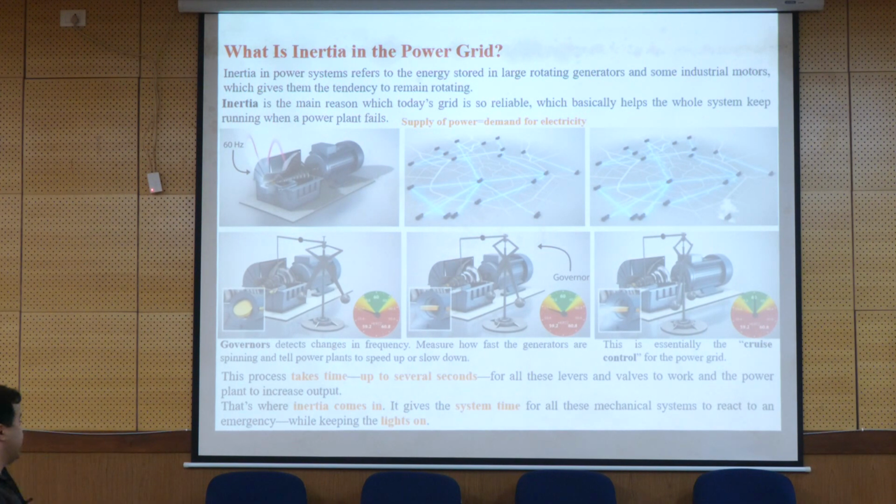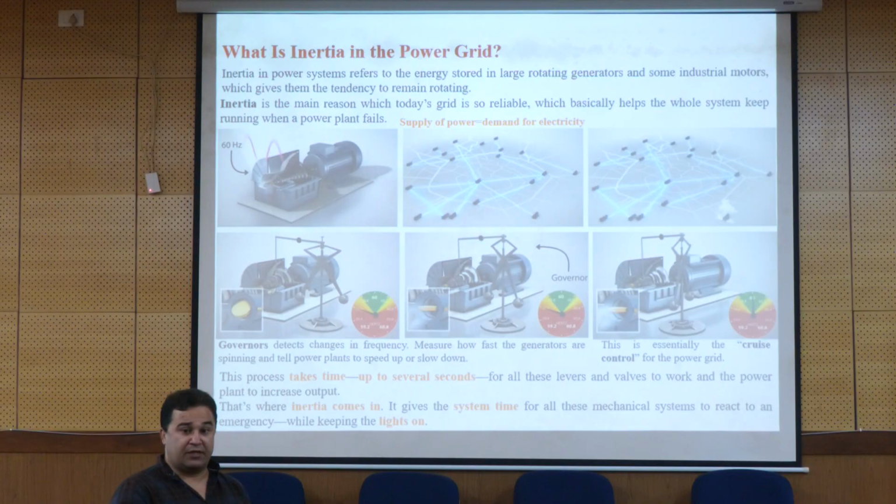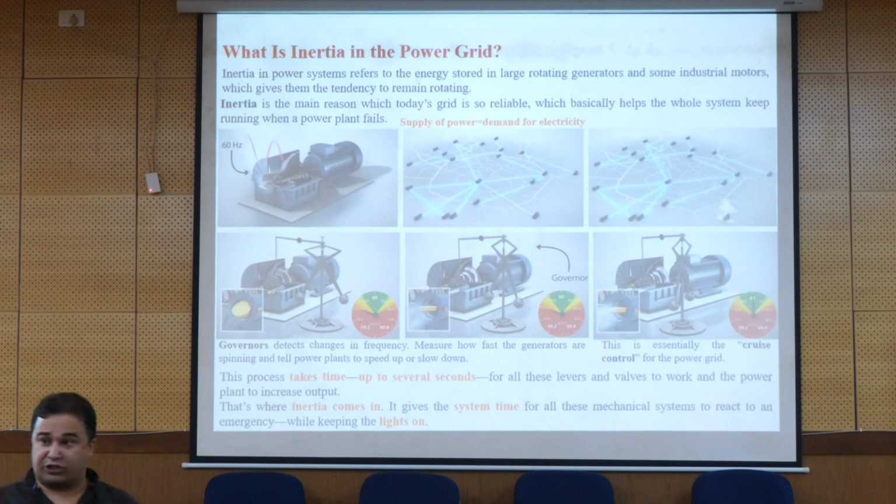This kinetic energy provides the situation that all the loads keep running in a stable operating condition during this transient time. For, I don't know, 5 seconds or so, when the generation is not enough for the consumption, the network can still stay stable. So this is the duty of the inertia.